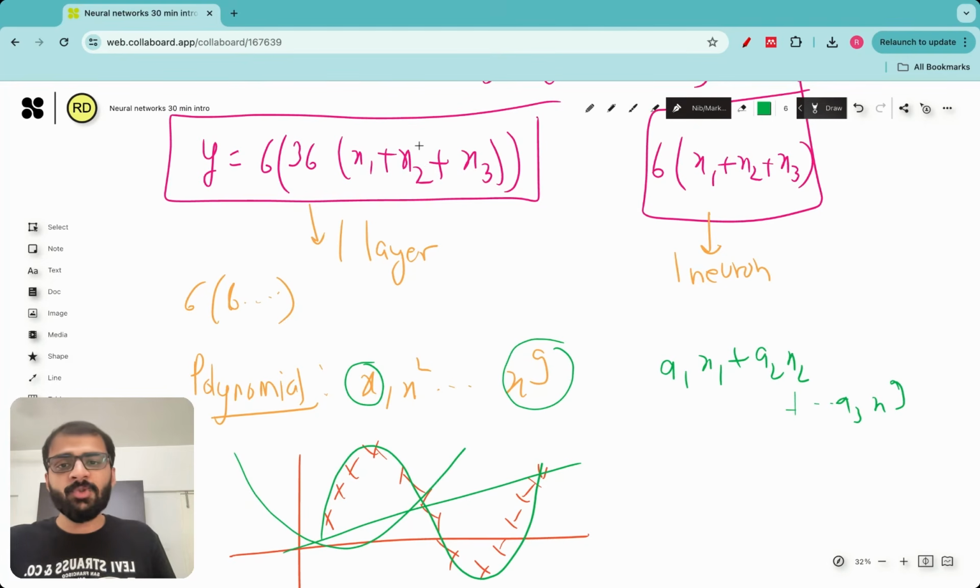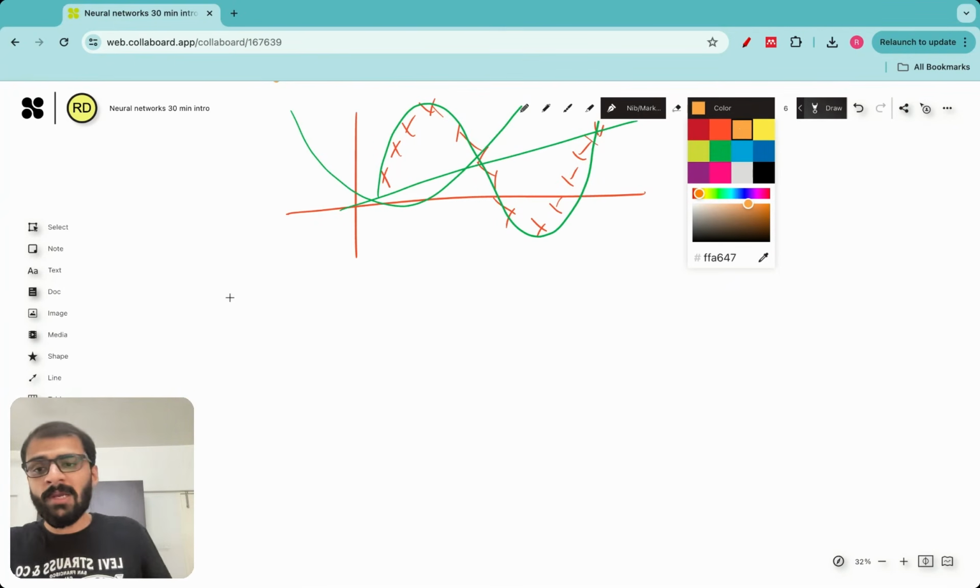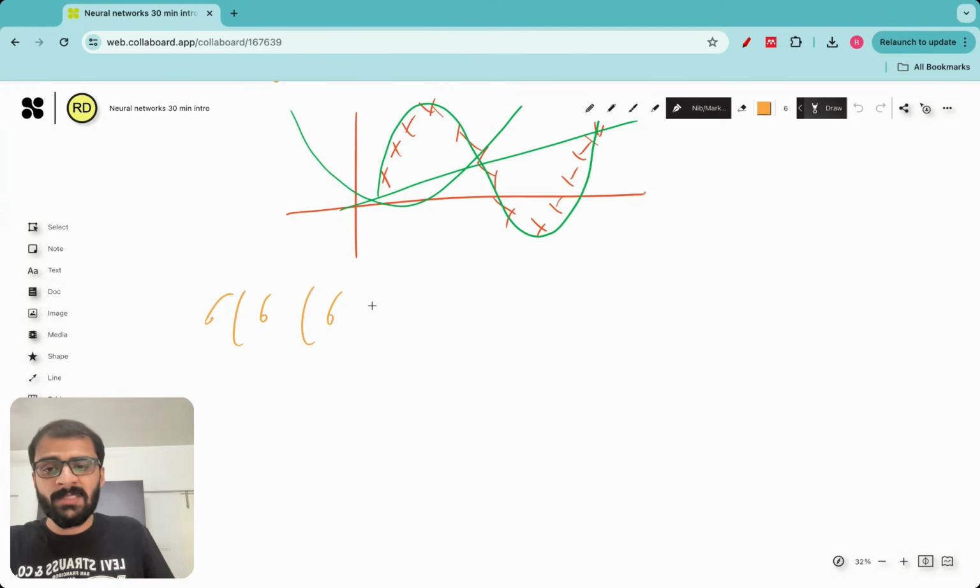So consider these two functions. With one neuron, we already have a sigma, whereas with one layer, we have sigma of sigma. So this is like increasing the order in the polynomial, which means we are adding to the expressivity of the function. We are improving the expressivity of the neural network. As we add more layers, it becomes sigma of sigma of sigma of sigma of sigma.